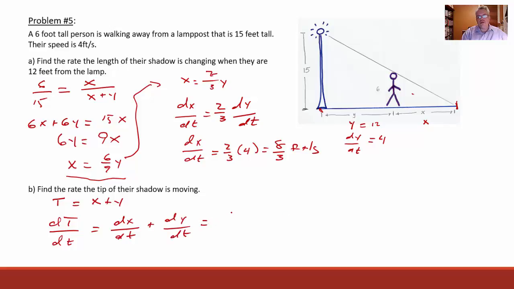And we know both of those. dx dt we figured out was 8/3, and dy dt was given as 4. So 4 is 12/3. This would equal 20/3, which is the same as 6 2/3 feet per second. That's how fast the tip of the shadow is changing.